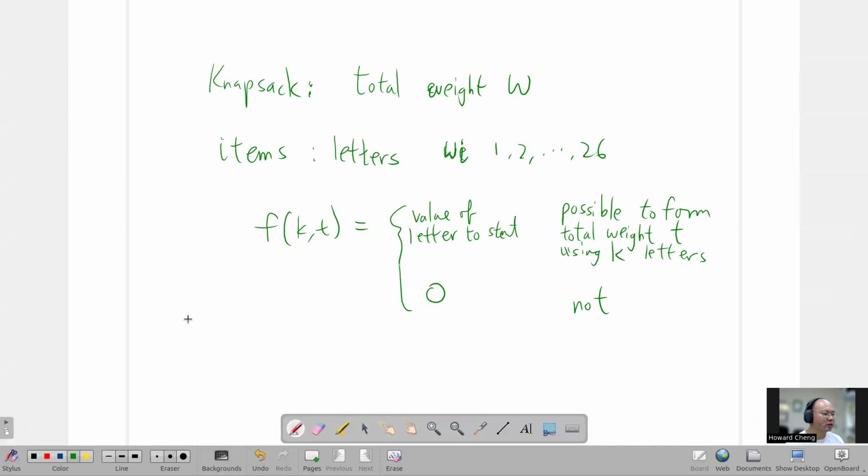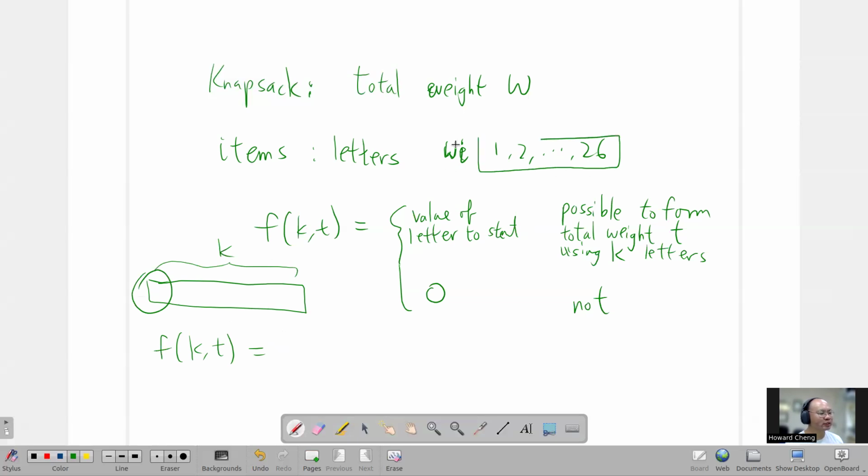So what am I going to do? Right, I'm using the same idea. For each of the K positions, I'm going to look at the first position. Now, this time, it's not that I can decide to choose an item or not choose an item, but rather I have to choose one of these 26 items. So I'm just going to try all of them. F of k minus 1, t minus 1, that would be A. F of k minus 1, t minus 2, because B has weight 2.